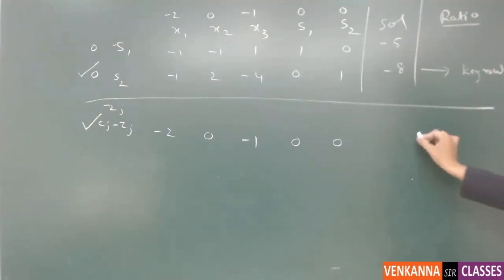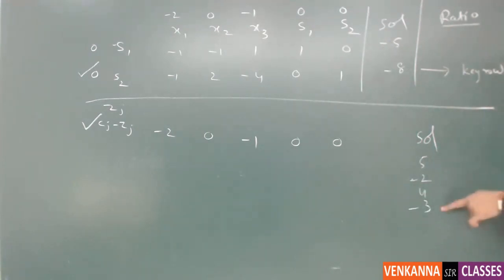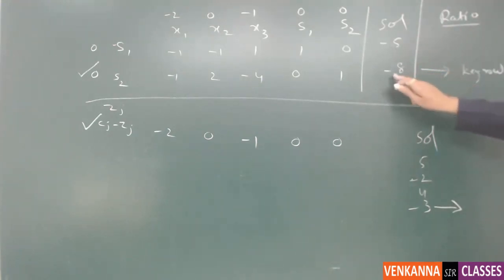Let me say the solution values appear like this: 5, -2, 4, -3. Some are positive, some negative. Among the two negative solutions, -3 is the most negative, so this will be selected as the key row. So among -5 and -8, this is the most negative, this is the key row.